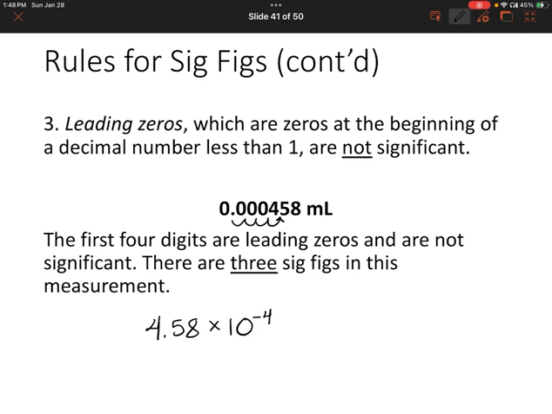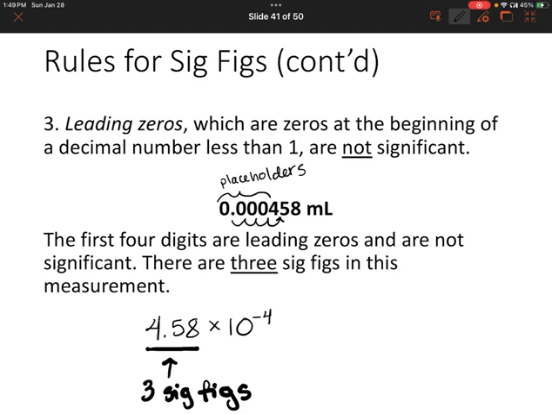Okay, so if we look at the scientific notation of this value, we only have 3 numbers in the coefficient. Those are all significant. So 3 sig figs. And remember, those leading zeros in our original value, our standard notation, are just placeholders, so they are not significant.